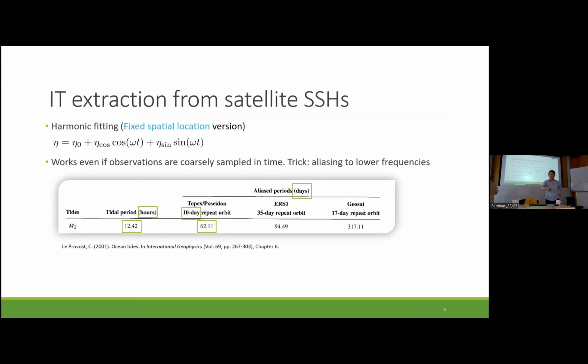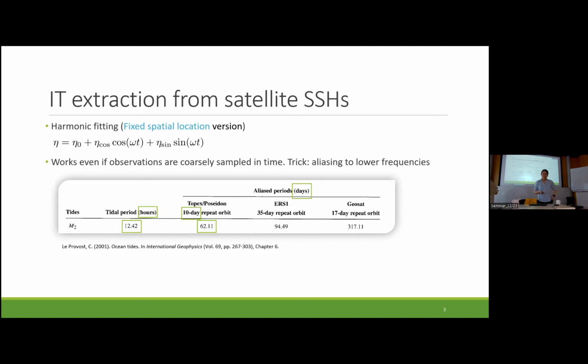So we just regard eta as a Fourier series, and here omega is the frequency corresponding to the tidal period, and this method works. So you are simply fitting what you observe over this series and inferring what is eta cosine, eta sine. And this method works even if the observations are coarsely sampled in time.